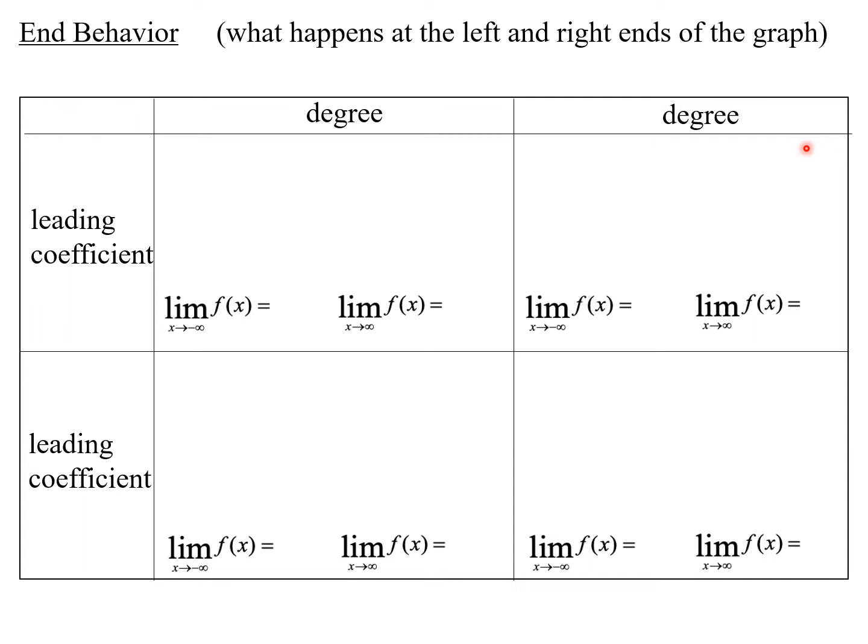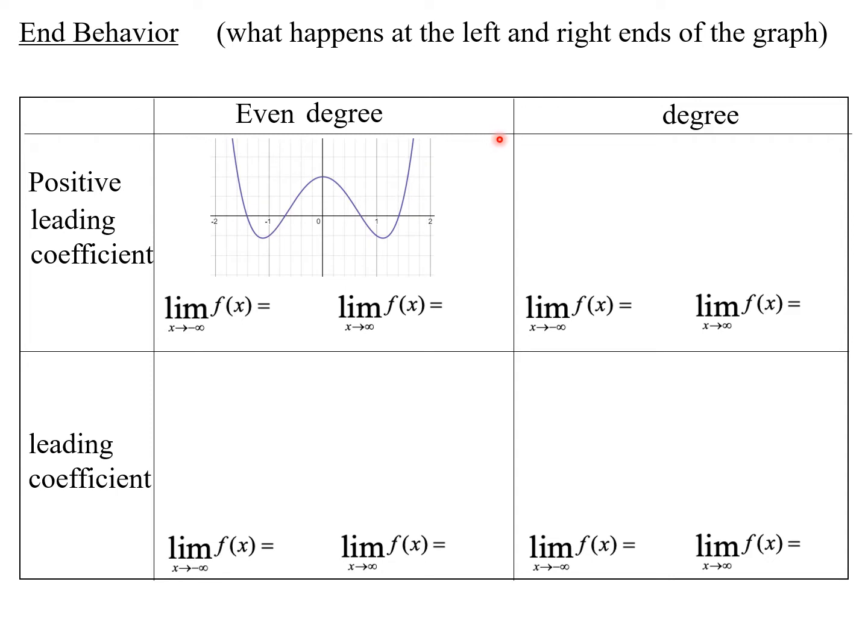So first, let's examine the end behavior. That is, what happens at the left and the right ends of the graph. For example, let's start with the graph of even degree and one that has a positive leading coefficient. So the highest degree term of x has a positive coefficient, positive 1, positive 2, something like that. The general shape of this graph is going to look like this.